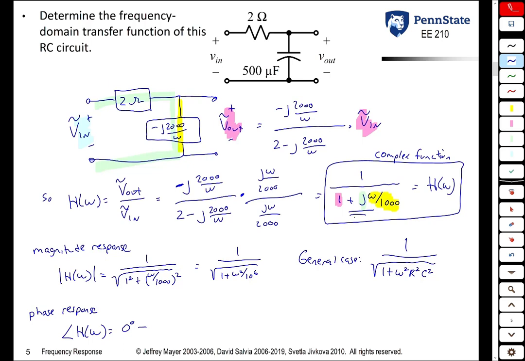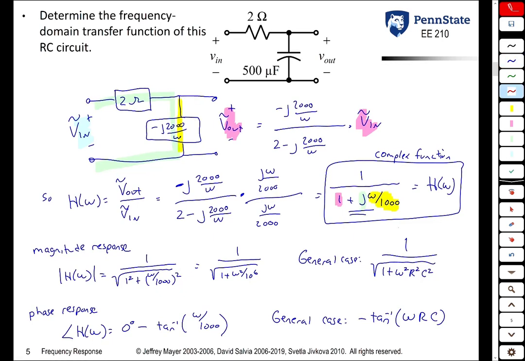And we need to subtract it, so it's minus inverse tangent of the imaginary over the real, which just happens to be 1. And likewise, the more general case for the phase response here would be minus inverse tangent of omega RC.